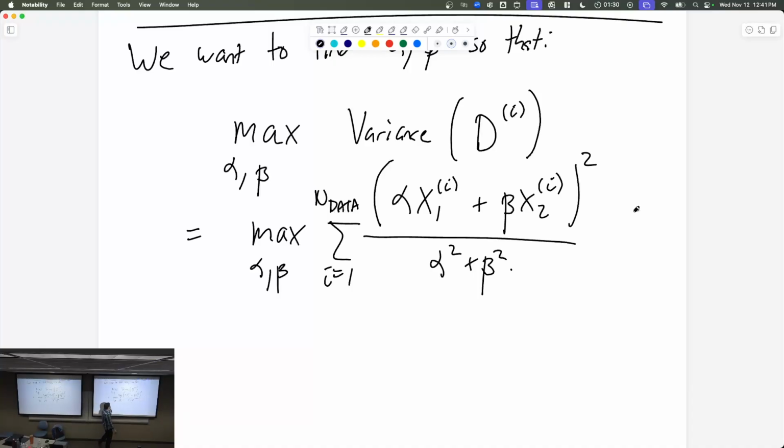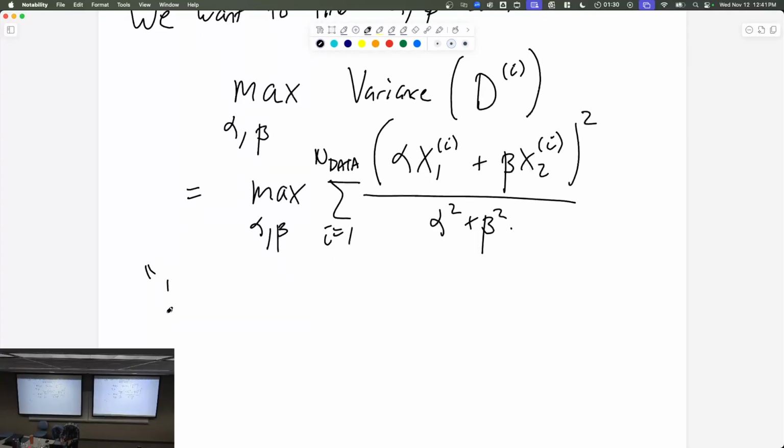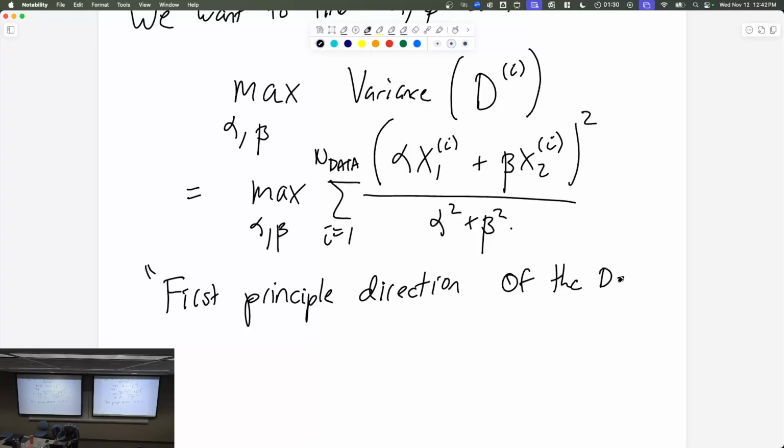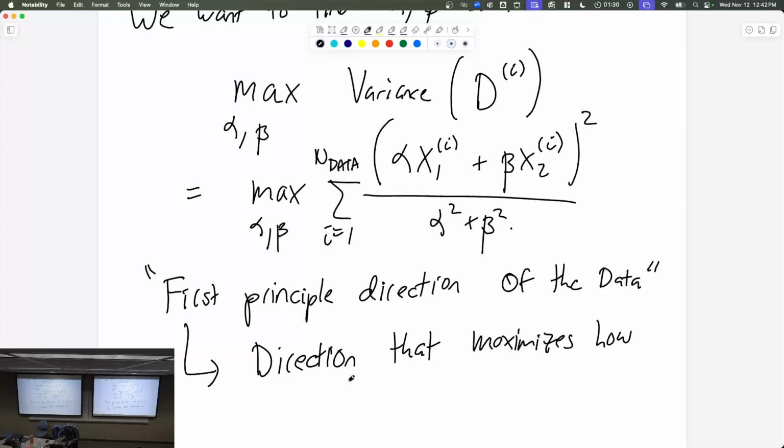This is a very linear algebra thing. And this is what is called the first principal direction of the data. It is the direction that maximizes how spread out the points are, that maximizes how spread out the projections are.